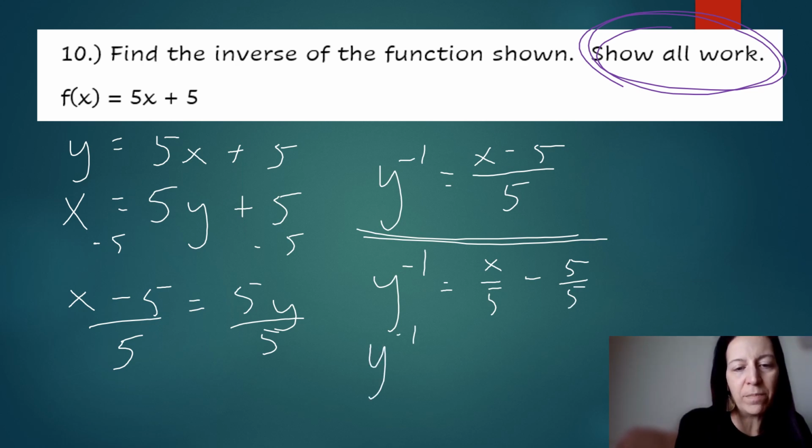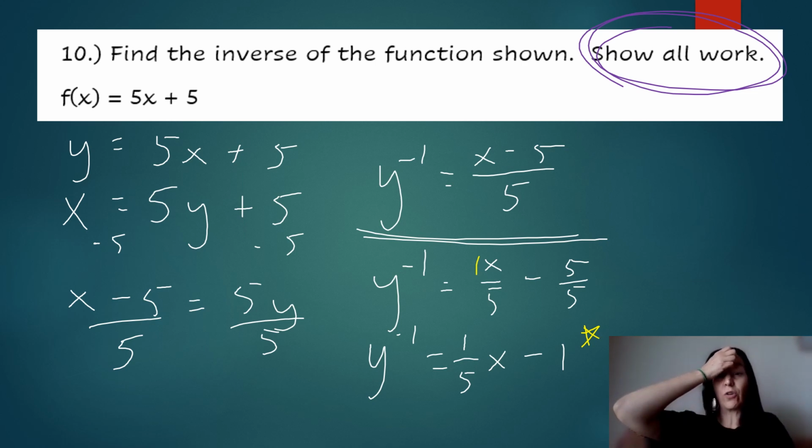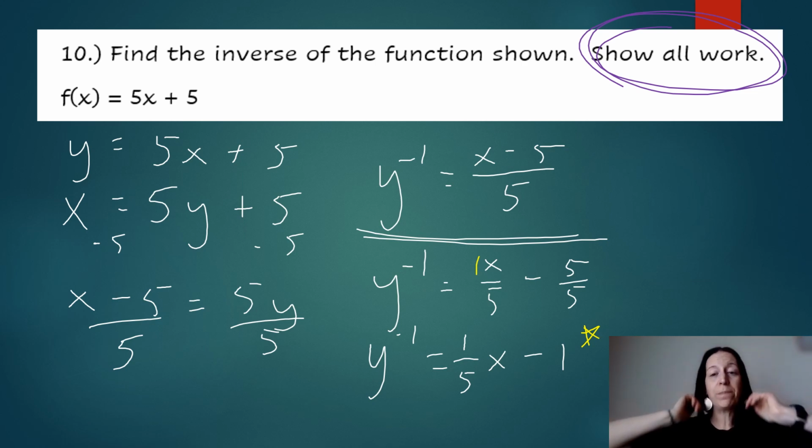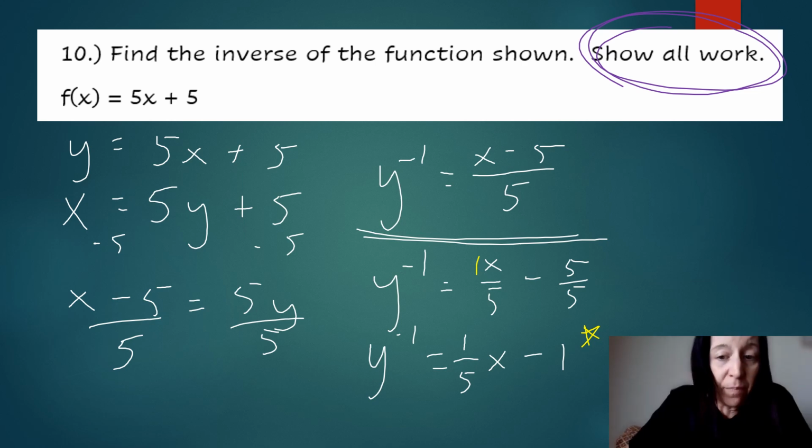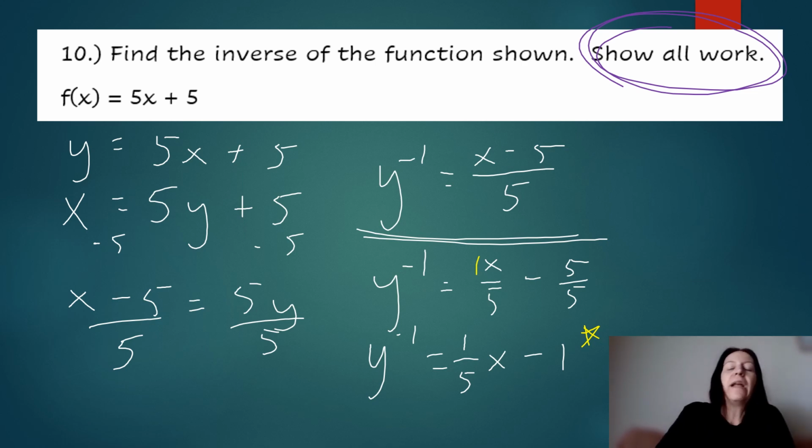This will end up being, that's a 1 in front of the x there, so it ends up being 1/5 x minus 1. This way of writing it is useful if you wanted to graph it using slope-intercept form. Okay, that would be useful, but if the directions just simply say find the inverse, you want to find the inverse and then probably stop.